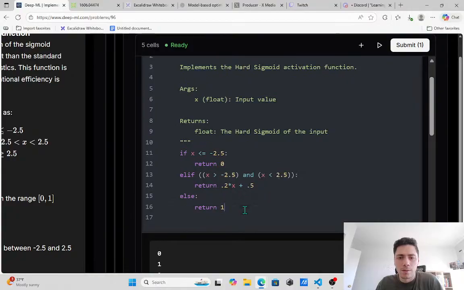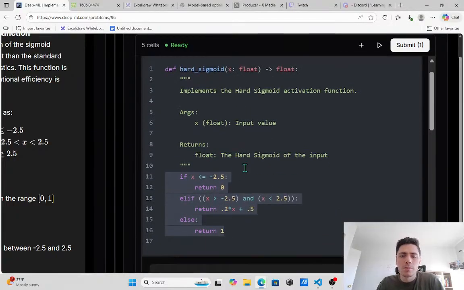Indentation error. We're going to have to deal with indentation errors.